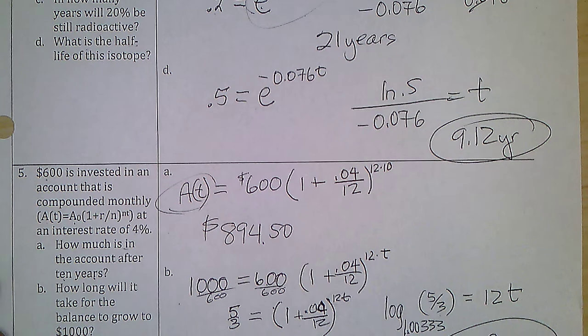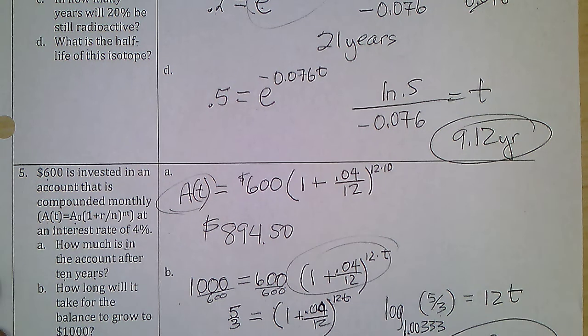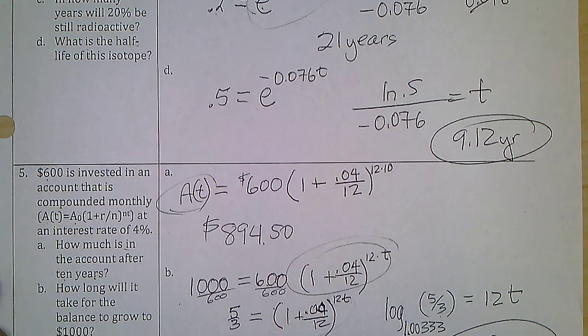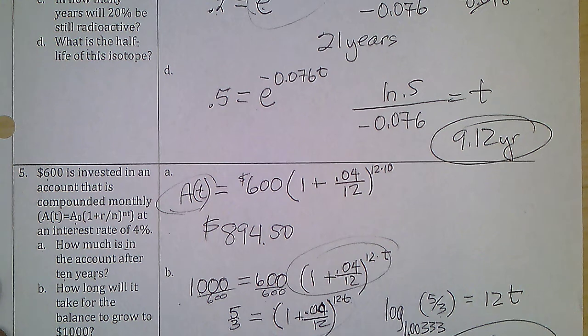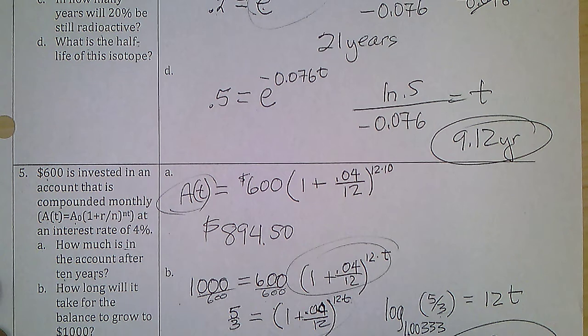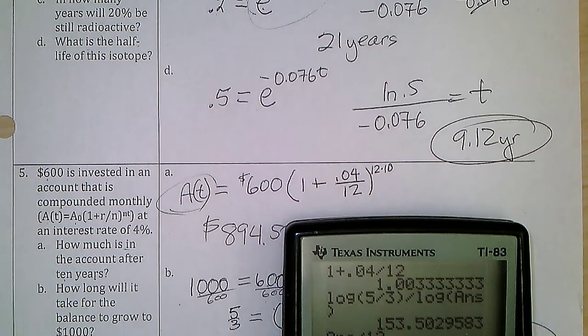And how long for it to double? That will be when this is equal to 2. So instead of trying to get this to equal 5/3, I want it to be 2, so I'll just put a 2 there. I'm going to do exactly what I did before.